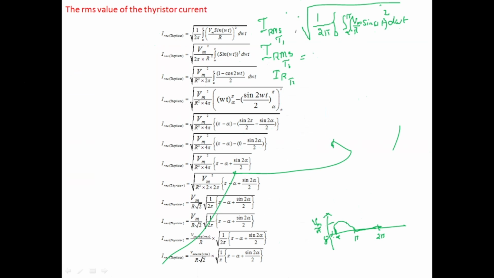You can follow both. So what is the formula? V source is how much? 120. R is how much? 10 ohm divided by root 2. So I'm substituting in this part, using this formula.